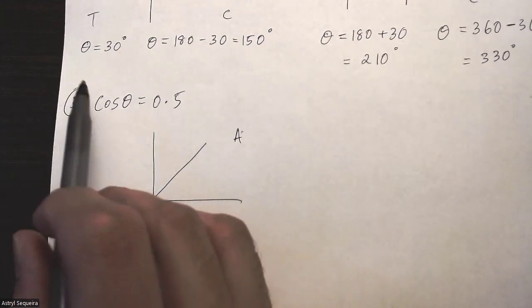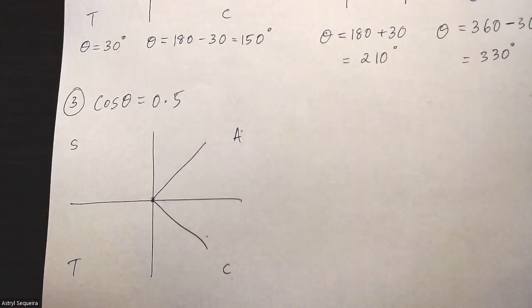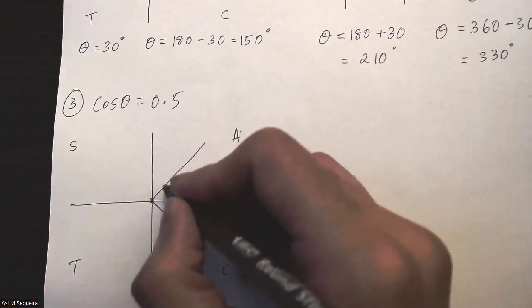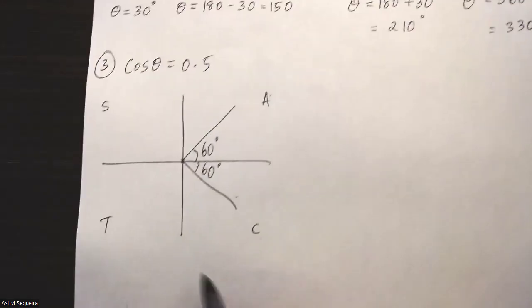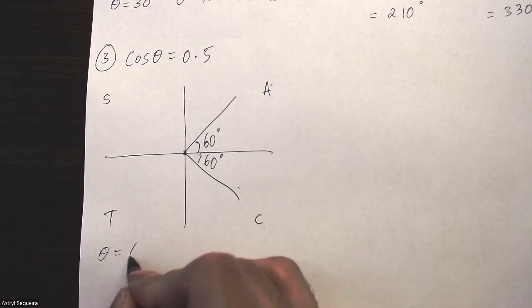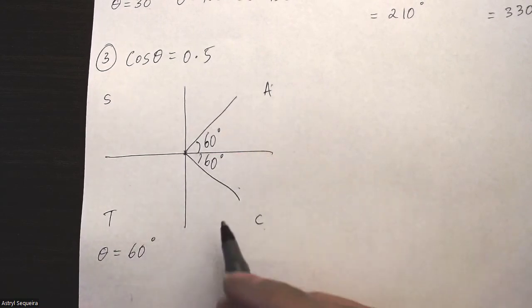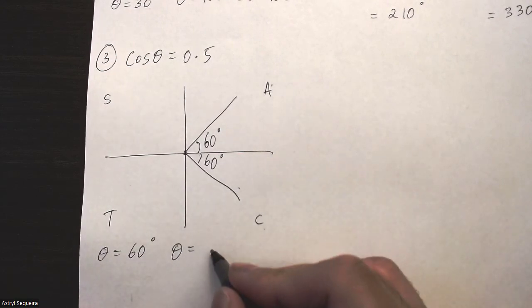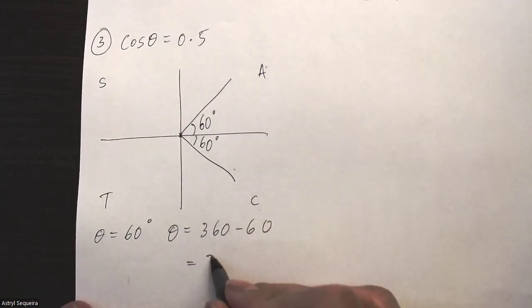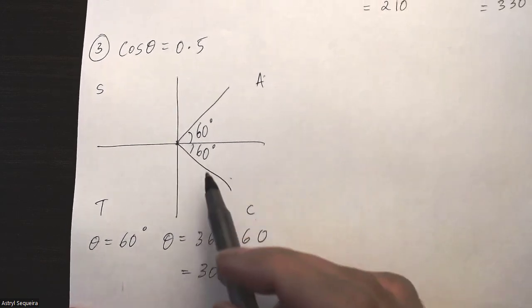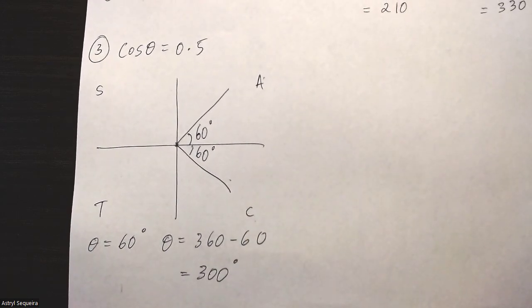To find the acute angle, I'll do the cos inverse of 0.5, which is 60 degrees. And then my two solutions are theta equals 60 degrees in the first quadrant and theta equals 360 minus 60 degrees, which is 300 degrees in the final quadrant.